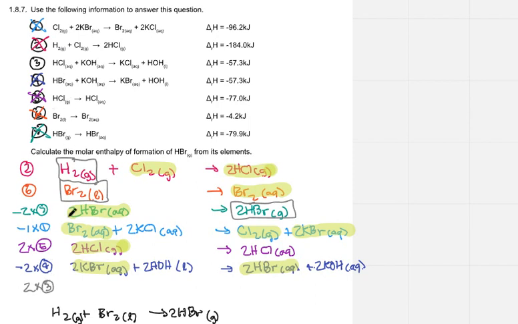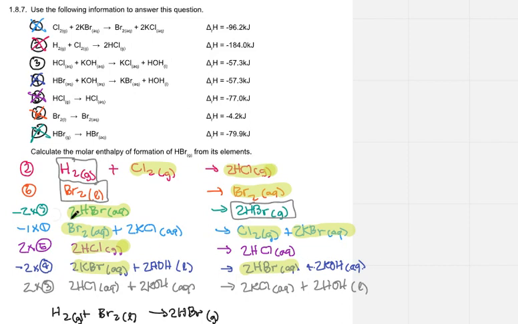And that gives us 2HCl aqueous plus 2KOH aqueous, arrow, double this, 2KCl aqueous, and double this, 2HOH, liquid.